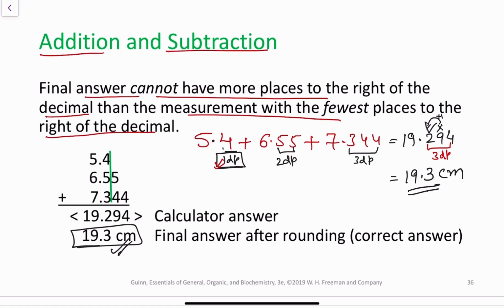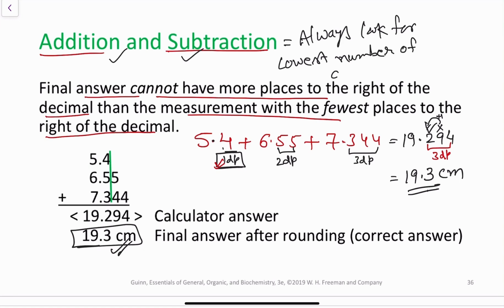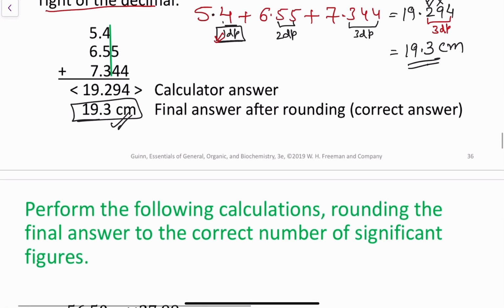So make sure you know these 2 rules. For multiplication and division, you always look for significant numbers, not the decimal place. But for addition and subtraction, you always look for the lowest number of decimal places, or you can say the decimal place rule, right?